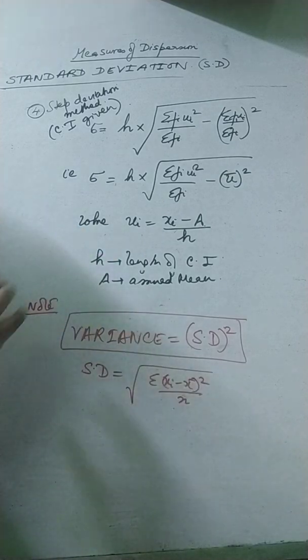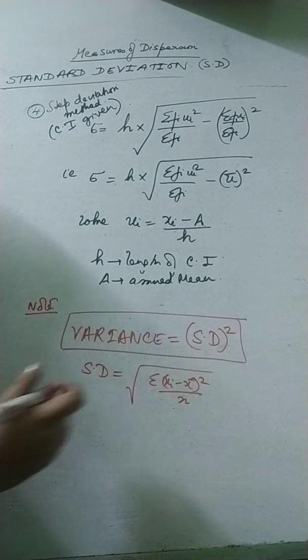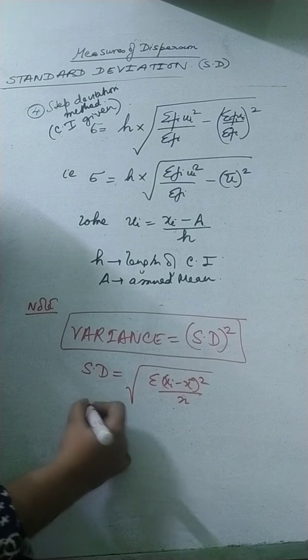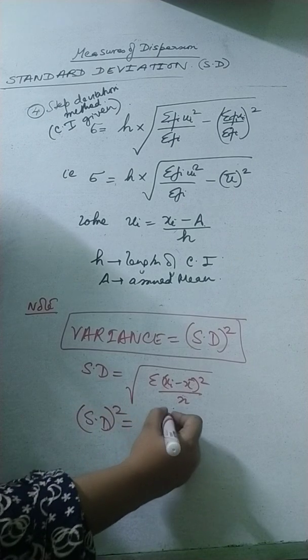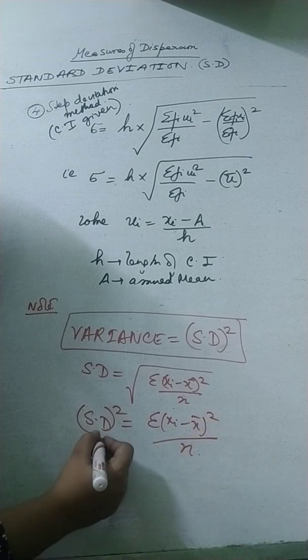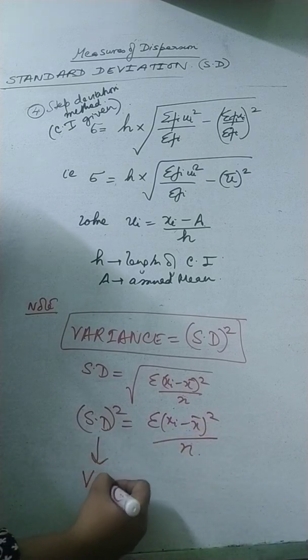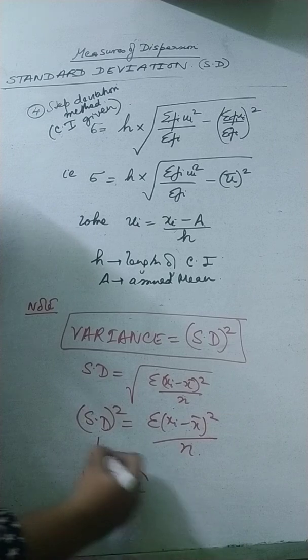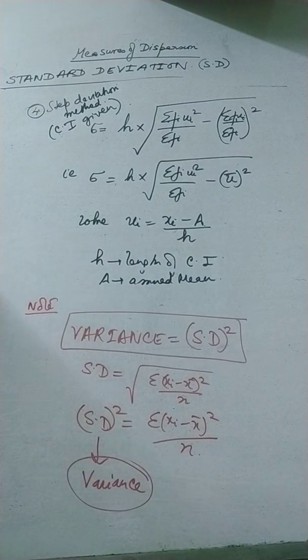I'm considering the basic definition, where frequencies are not involved. So the moment you do SD square, it becomes summation xi minus x bar whole square by n. And this SD square has a special name. It is termed as variance of the distribution. So the square of the standard deviation has a special name. It is called variance of the distribution.